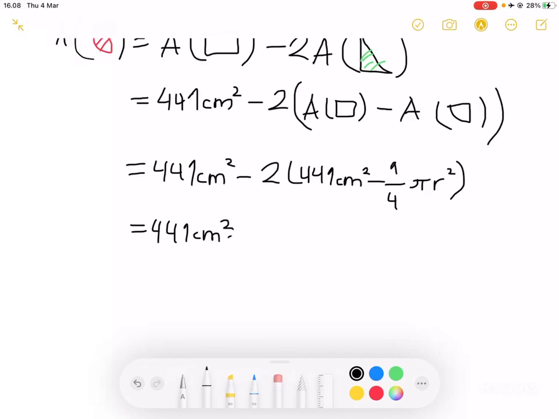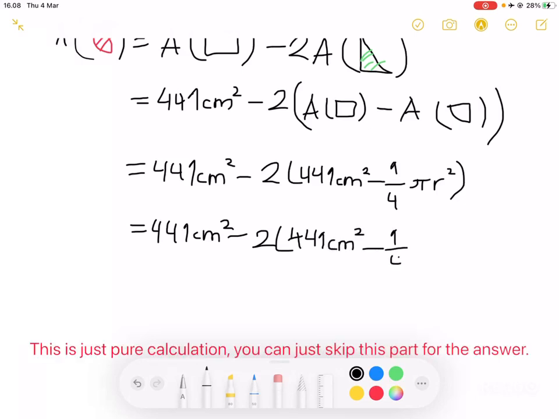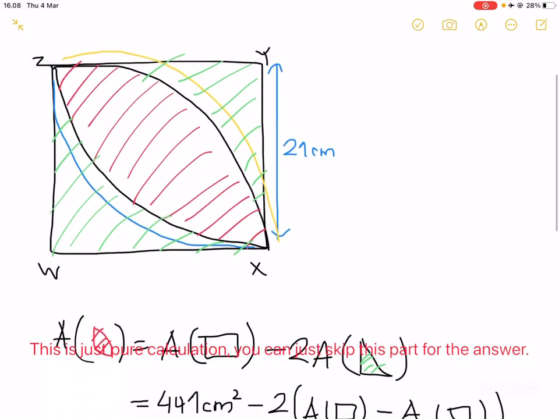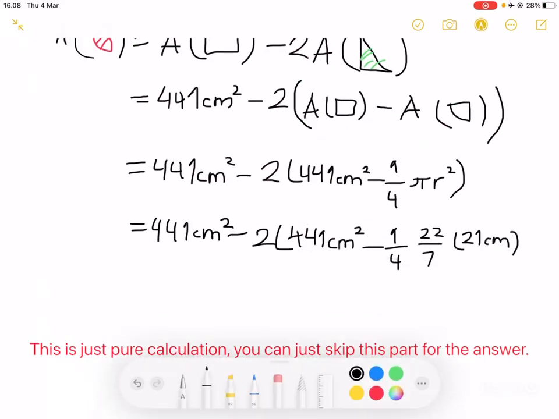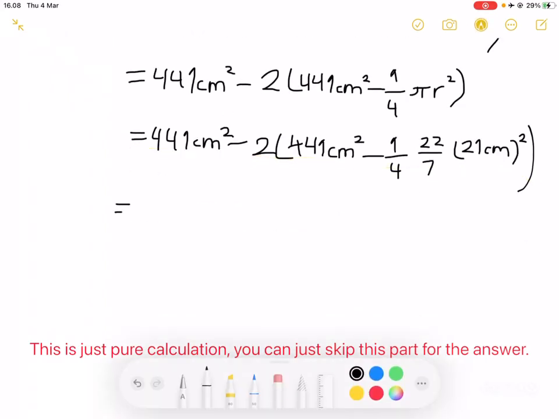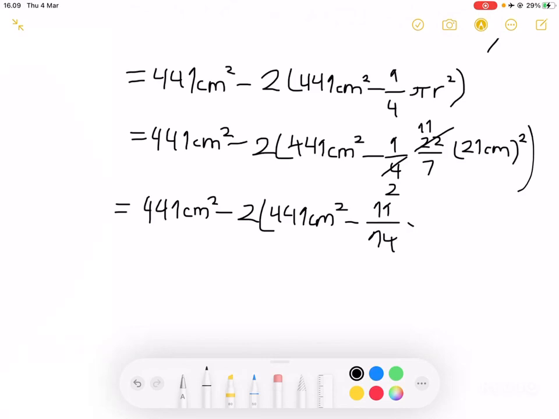I'm just going to discuss mainly the area of the quadrant. So we have a quarter times 22 over 7 times the radius squared, and we know that the radius of the quadrant is 21 centimeters. Then you have 2 times this whole thing.